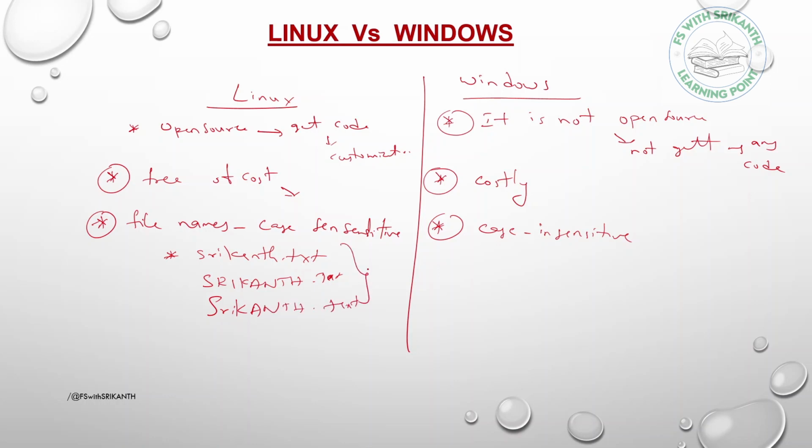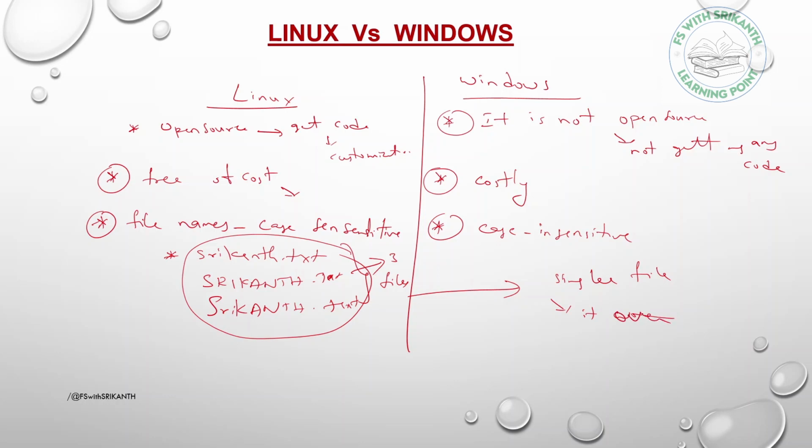The Linux operating system considers these three as three different files. But Windows considers them like a single file, and if you try to make the file name the same, it overwrites, right?